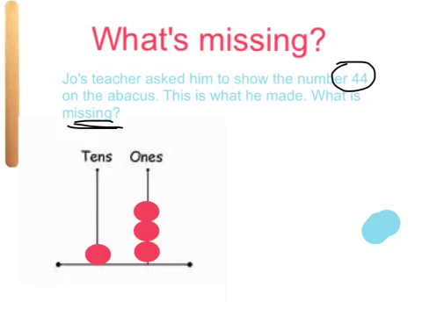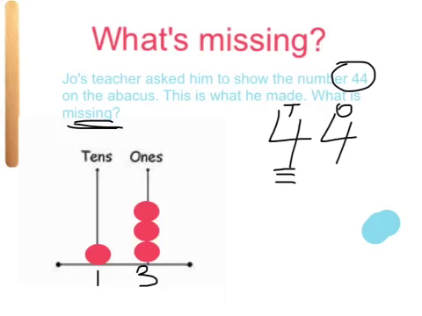Let's look at what he's made so far. 1 ten. And how many ones? 1, 2, 3 ones. So he's made 13 so far. All right, we need to make the number 44. So looking at the tens column, how many tens do we need? We need 4 tens. So let's add to this abacus. 1, 2, 3 more beads.